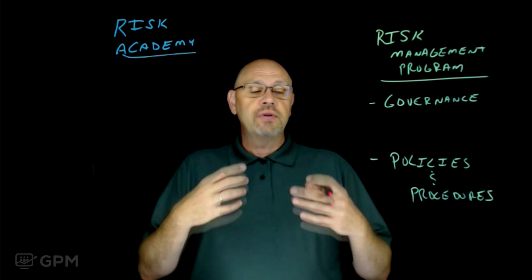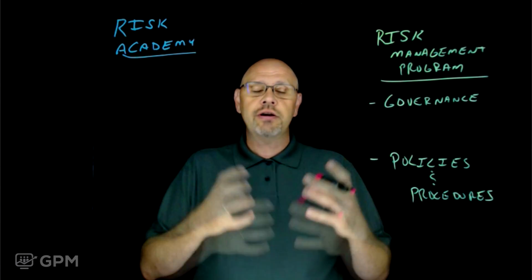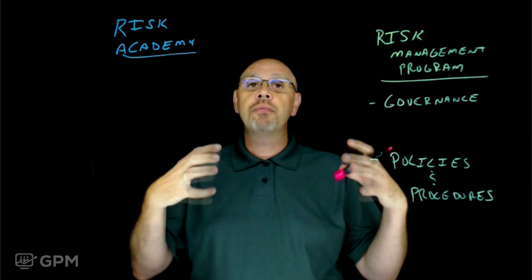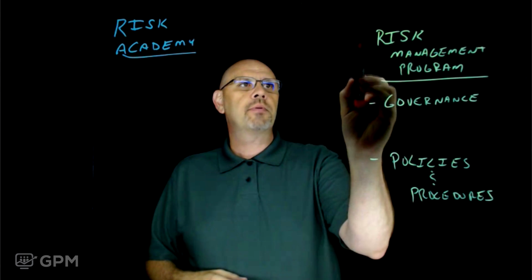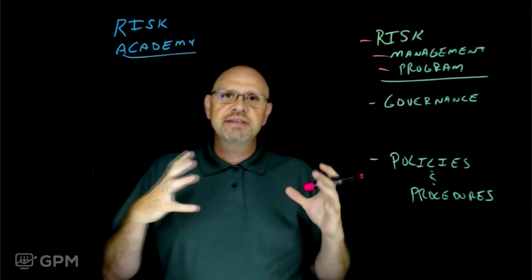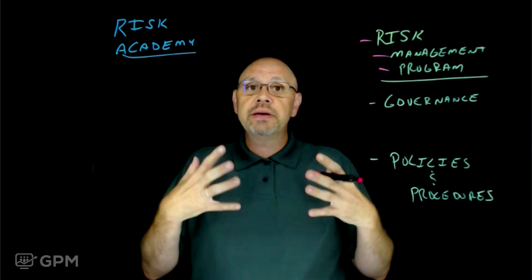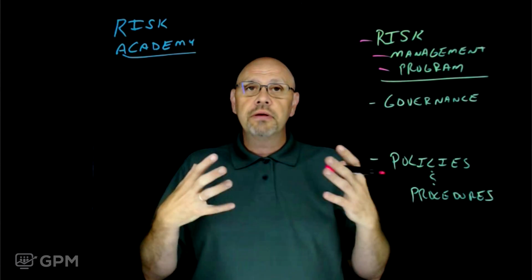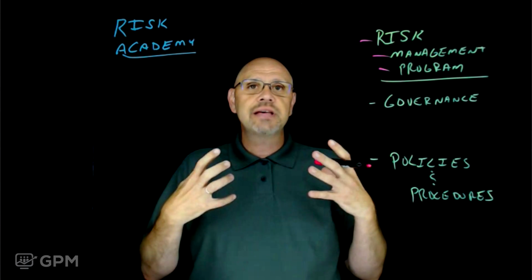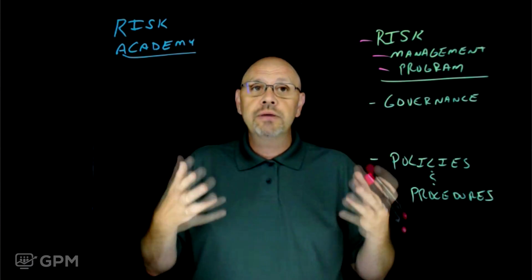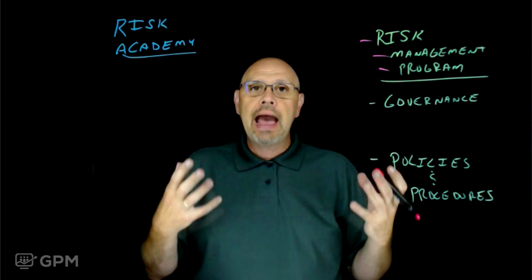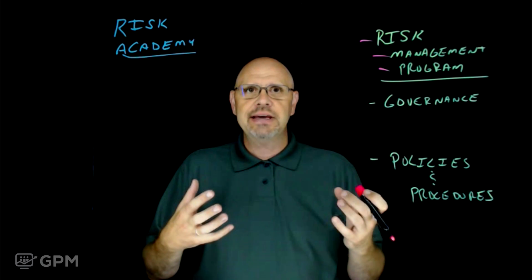Okay, so we've talked about the three. Let's start talking at what we need to have from the top down. The risk management program. This is actually the structure, the business structure, and the processes, policies, everything we need to actually have the risk management happen in your organization.